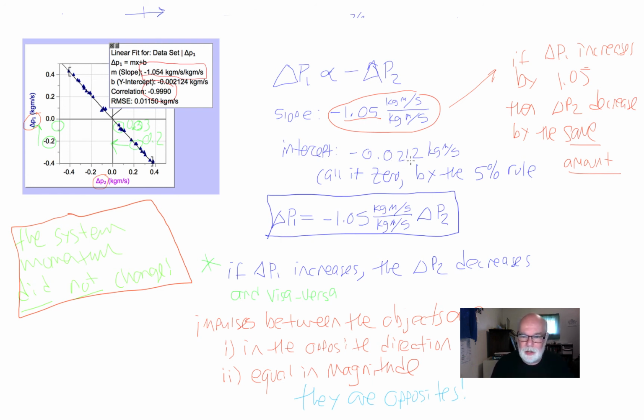The intercept turned out to be a number so close to 0 we can call it 0 by the 5% rule, which gave us this equation. What that tells us then is that if the impulse of cart 1 increases, the impulse of cart 2 decreases, which basically means that as the momentum of one cart increases, the momentum of the other cart decreases as well, and vice versa. The two impulses are opposite in direction and equal in magnitude, which tells us in the end that the system momentum does not change.